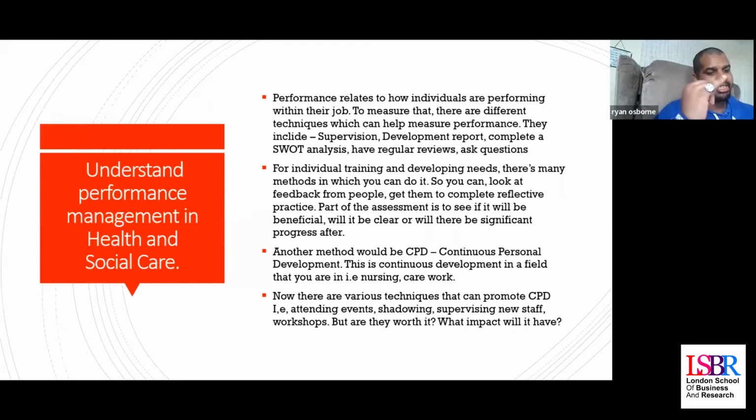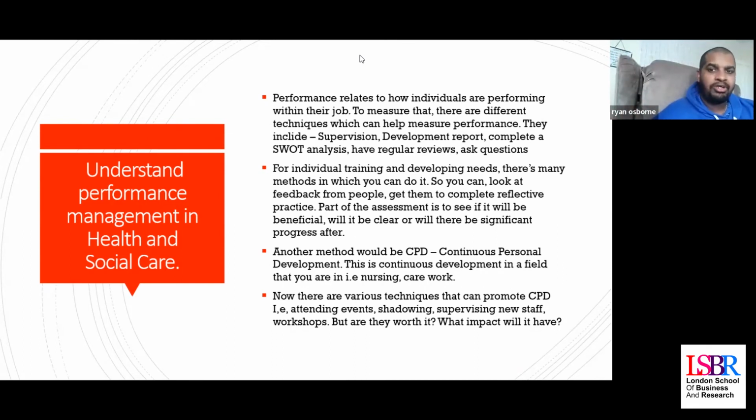Performance is how you do your job on a day-to-day basis. It relates to how the person is performing in their job. Day-to-day, you work with individuals, clients, and several other people within the industry, let's say the NHS.